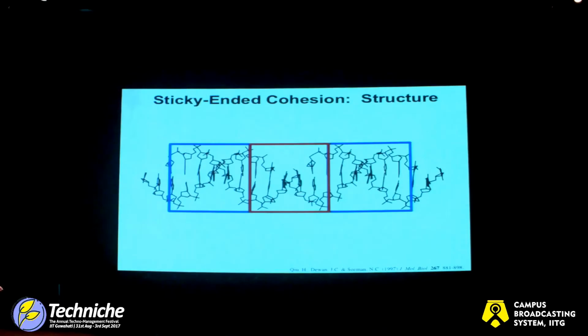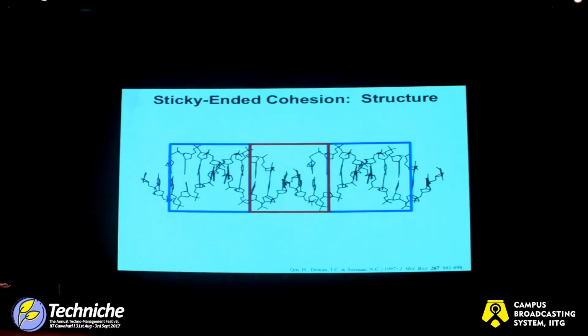The other aspect of this is that we know what the structure is when we bring sticky ends together. So this is a crystal structure done by Hangsha Chu in my laboratory, reported about 20 years ago. And it shows an infinite helix in the horizontal direction, but it's held together by sticky ends. You see the little gap here and here, where the overhang from this side and the overhang from this side are coming together, and then they end.